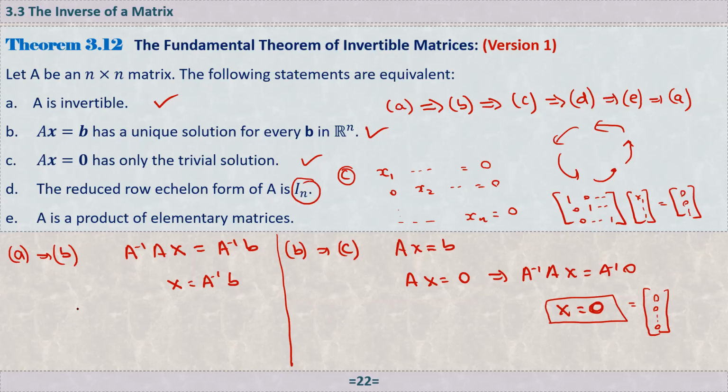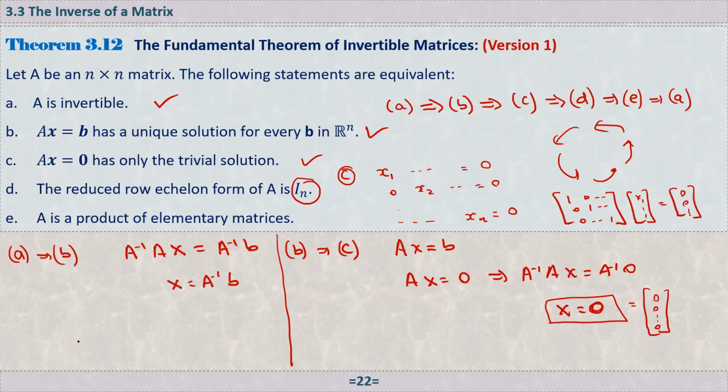And E says that A is a product of elementary matrices. If we assume that the reduced row echelon form of A is In, then A can be reduced to In using a finite sequence of elementary row operations. And by theorem 3.10, each one of these elementary row operations can be achieved by left multiplying by an appropriate elementary matrix.